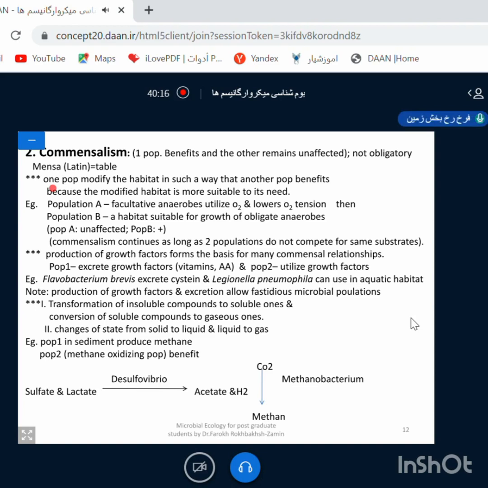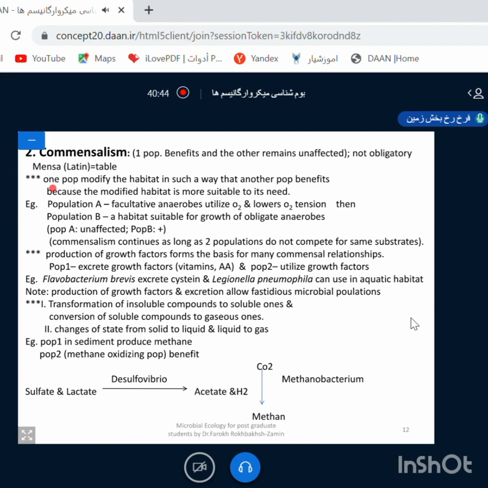Facultative anaerobe starts using oxygen. As much as the facultative anaerobe uses oxygen, the situation will be better and better for the obligate anaerobe, because oxygen is reduced over time.